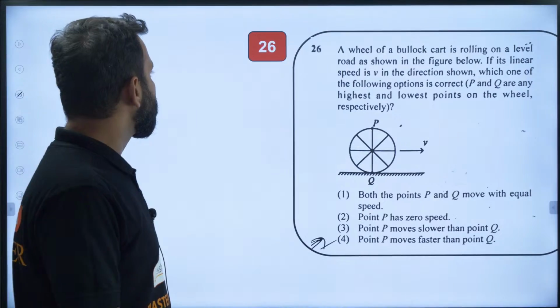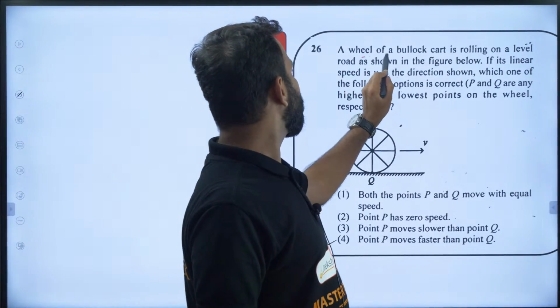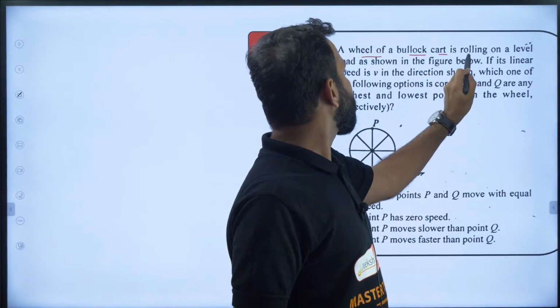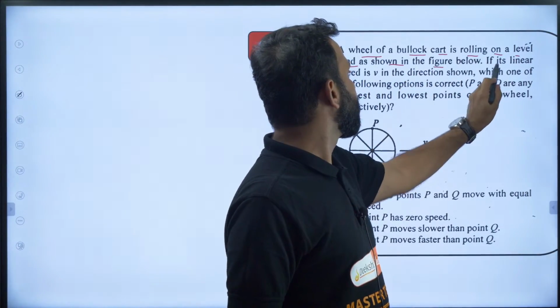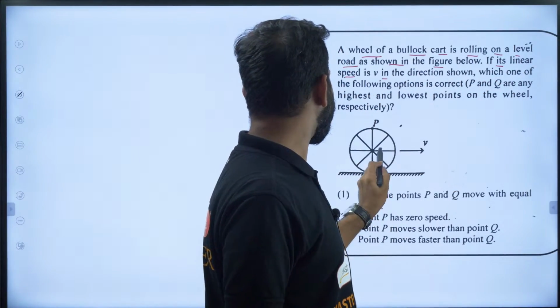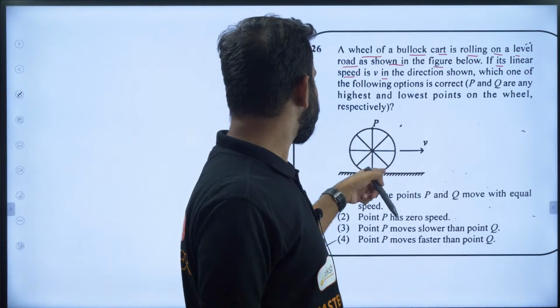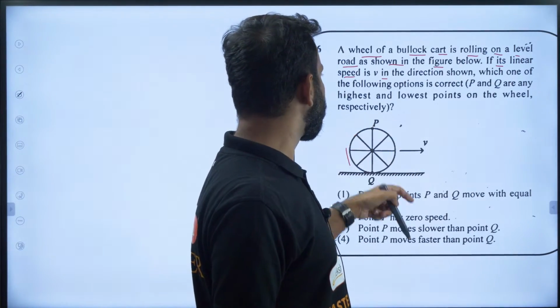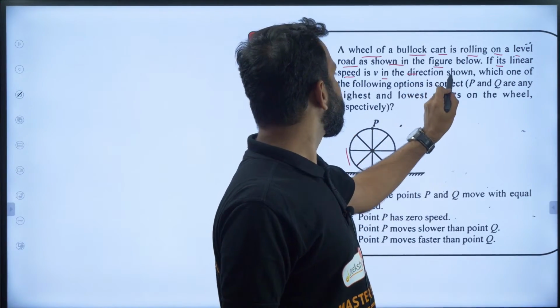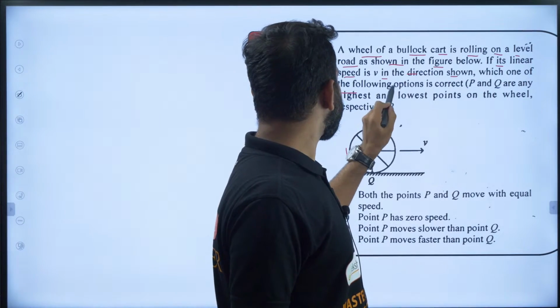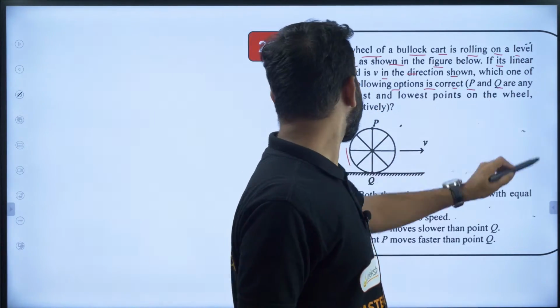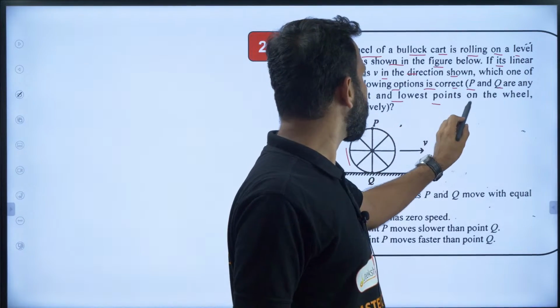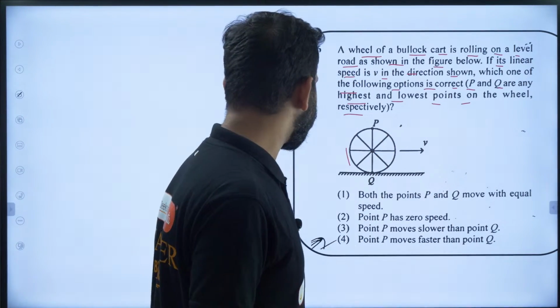Question number 26. A wheel of a bullock cart is rolling on a level road as shown in the figure below. If its linear speed is v, the velocity of the center of mass of this wheel is v in the direction shown. Which one of the following options is correct? P and Q are the highest and lowest points on the wheel respectively.